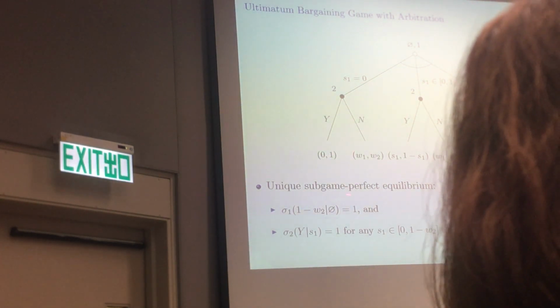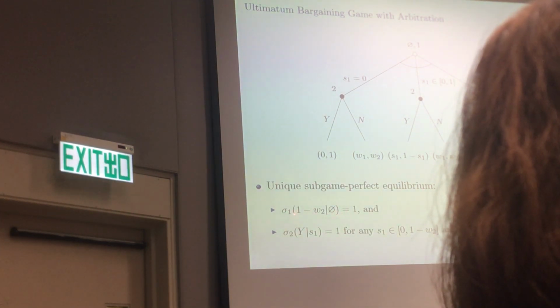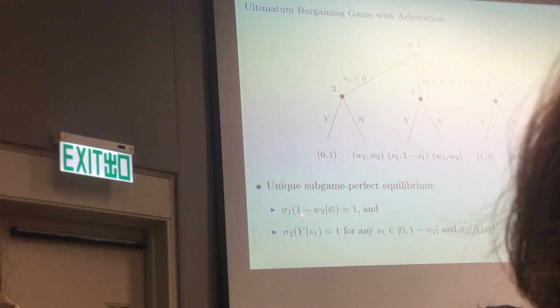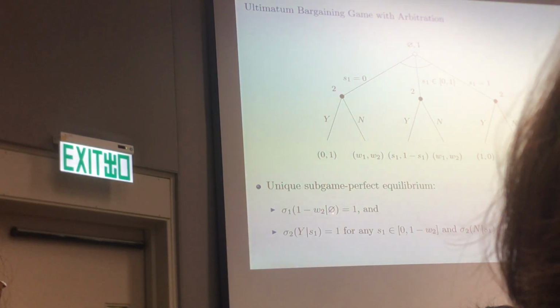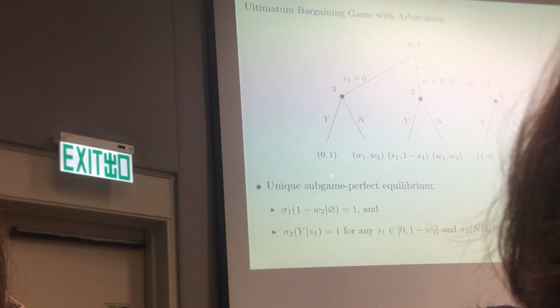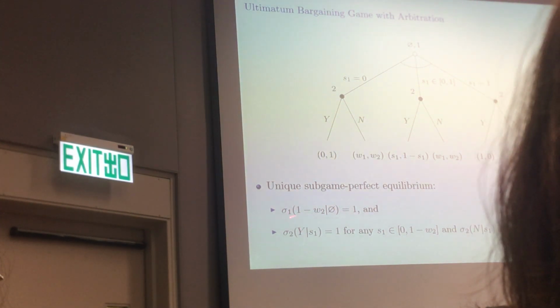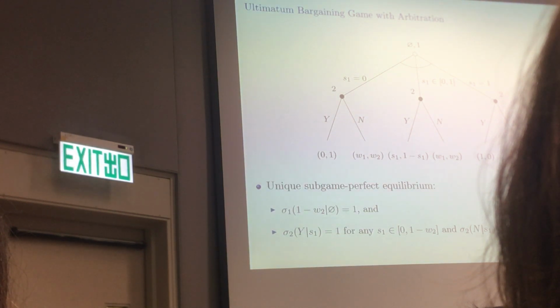And this mathematical notation means that the probability that player 1 chooses S1 equal to 1 minus W2 at this node is 1. So this equation simply means that in equilibrium, player 1 chooses S1 equal to 1 minus W2 with probability 1. Okay?